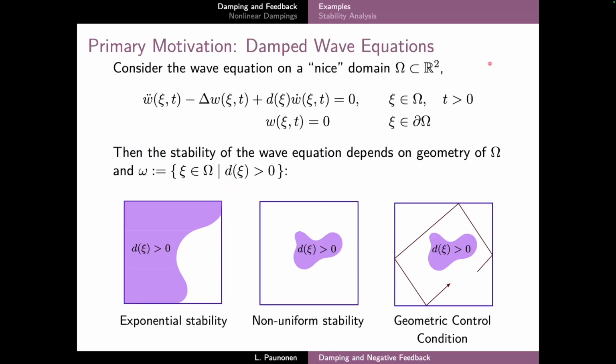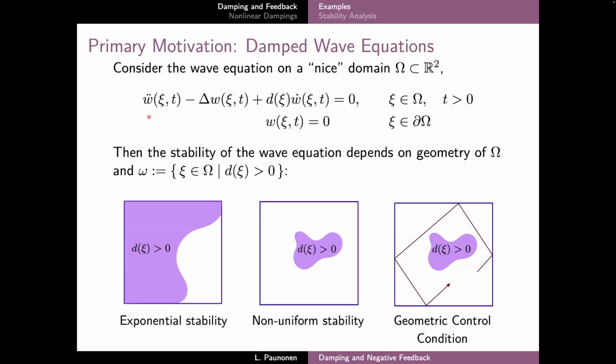Our prime motivation comes from the study of wave equations, and these are prime examples of the types of models we're interested in. So if we consider a two-dimensional domain, then our wave equation can be defined in such a way that W at point xi and at time t describes the deflection of the wave profile.